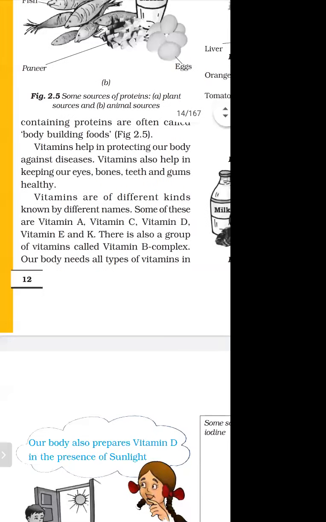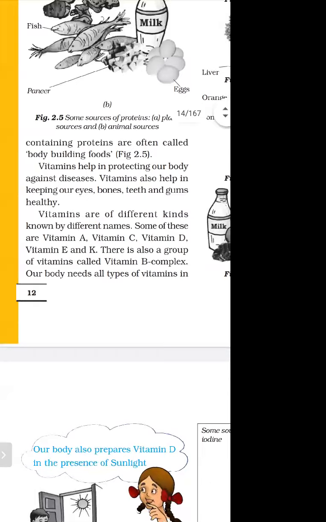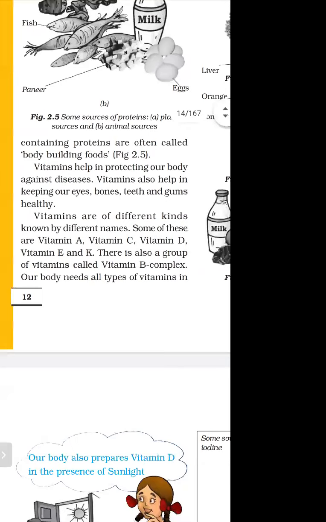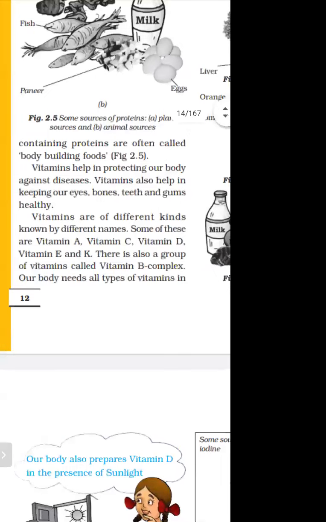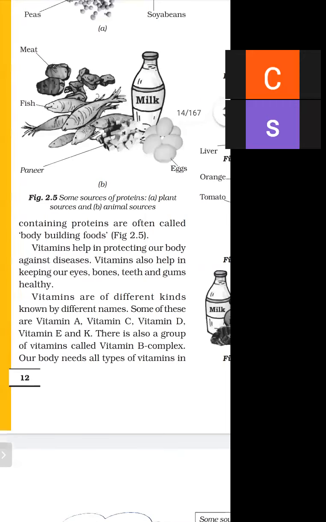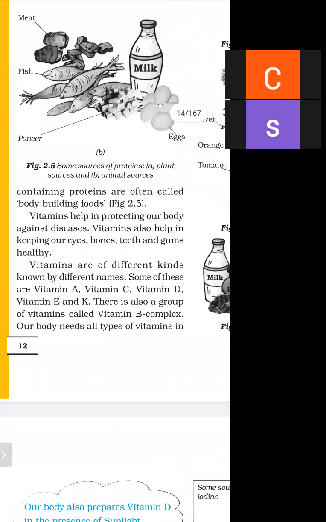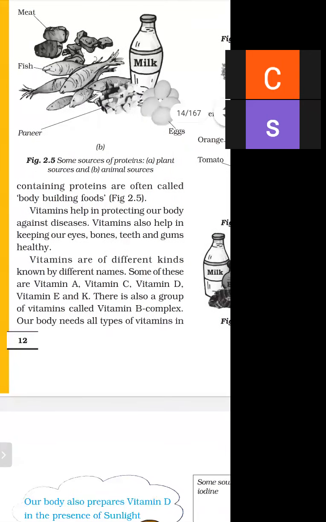So there are different kinds of vitamins. Vitamin B and vitamin C are called water soluble, and vitamin A, D, E, K are fat soluble.